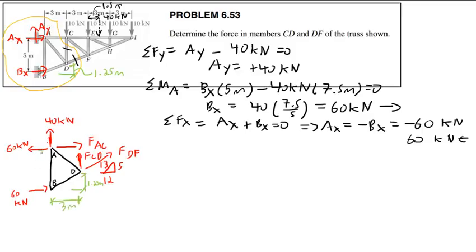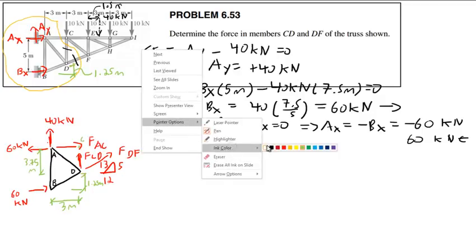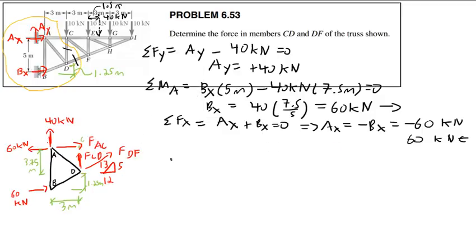And if we need it, this to here is then 3.75 meters. Okay, and this here is point C.